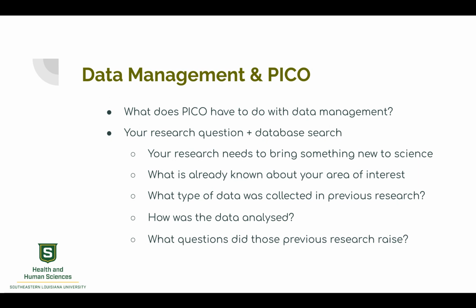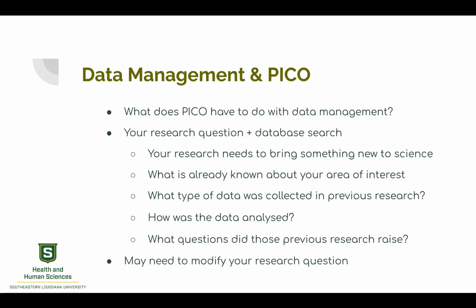You want to answer those questions or ask a different question in your research. So ultimately, based on whatever research comes out of your database search, you may need to modify your research question.